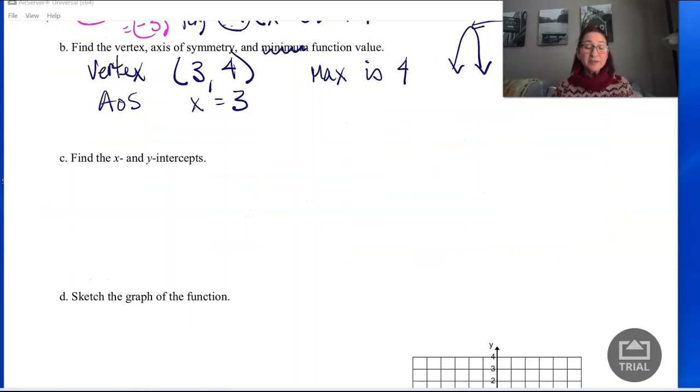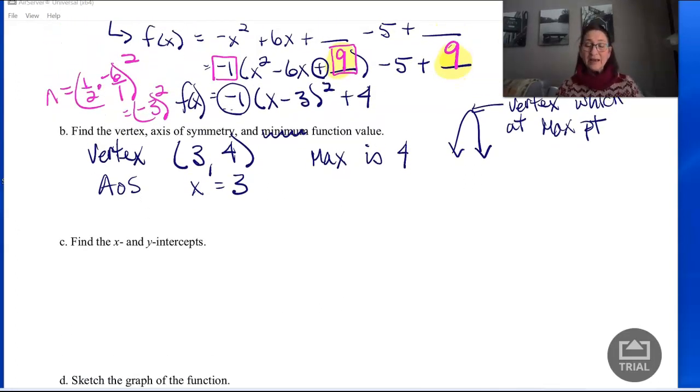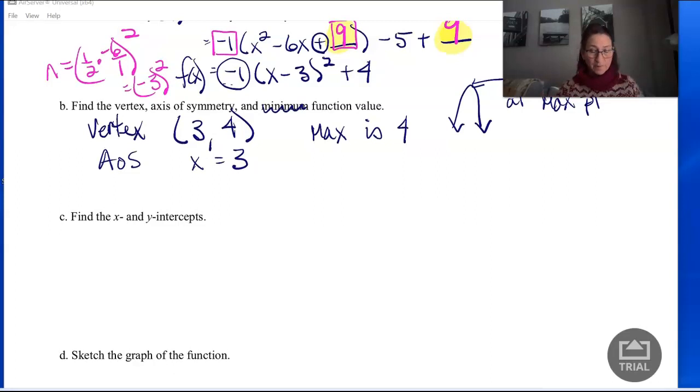All right, so now let's go ahead and find our x and our y intercepts. So for our x-intercept, I'm just going to take my vertex form and set that equal to 0. So that's going to be 0 equals -1 times x minus 3 squared plus 4.